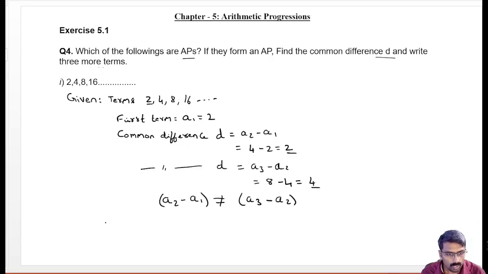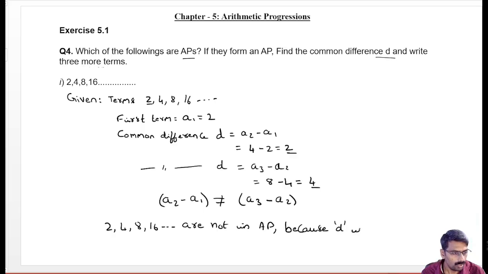The terms which are given, 2, 4, 8, 16 and so on, are not in AP, we can write, because the common difference D is not equal.